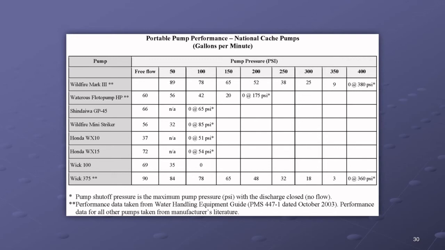If I look at my hose lay and I need, say, 60 gallons a minute in this hose lay, I can look at this chart and say, okay, well, Mark III can give me 60 gallons a minute and do 150, maybe 160 PSI, something along those lines. And that's where the chart starts to become handy. So let's reference problem 1 that we just did.